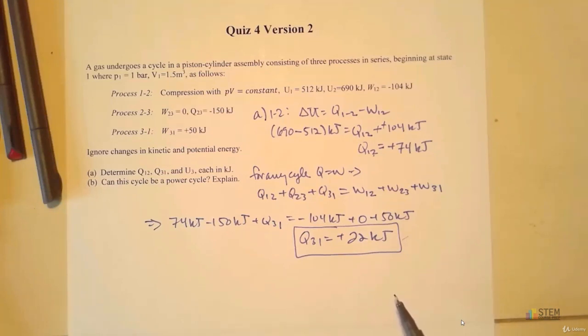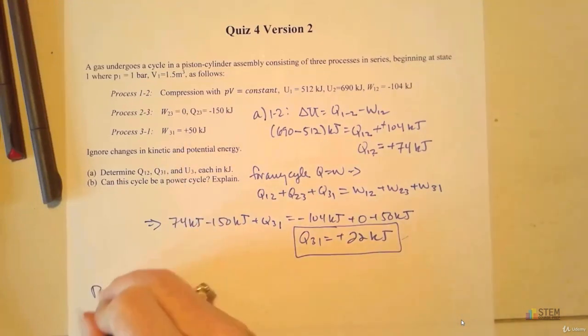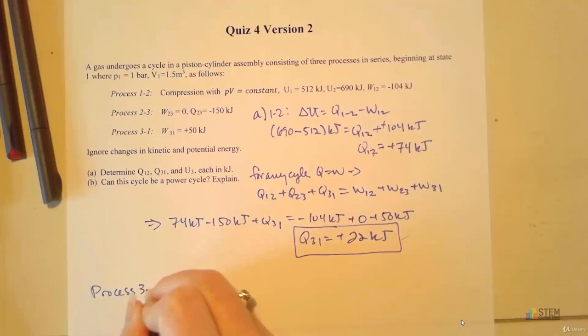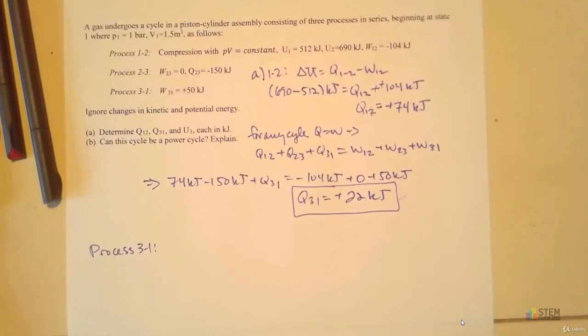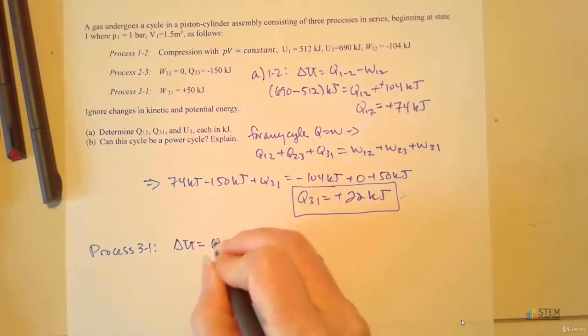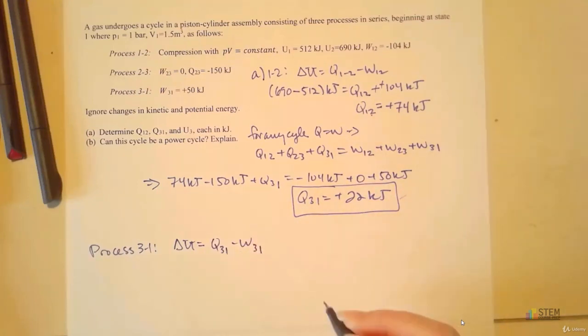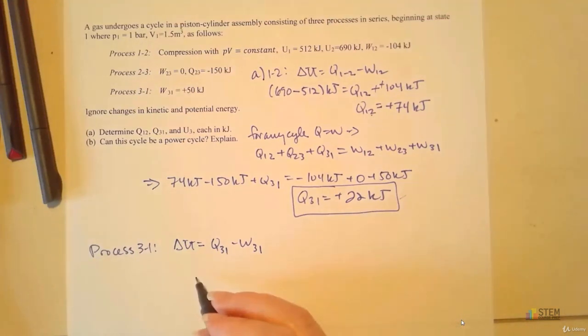Now that we have that, we want to find U3. So that means we're going to need to look at process 3-1. If we look at that process, look at our energy balance equation. Change in internal energy has to equal the Q term for that process minus the work term. Let's go ahead and plug in the values that we know.